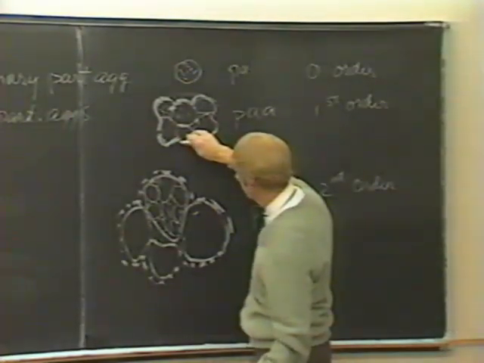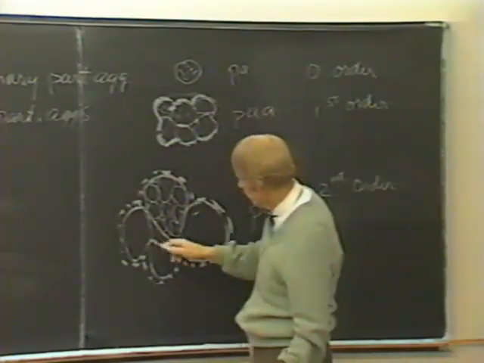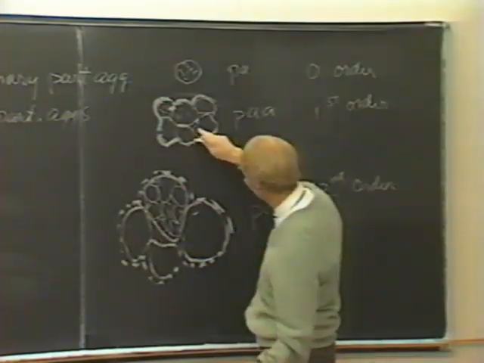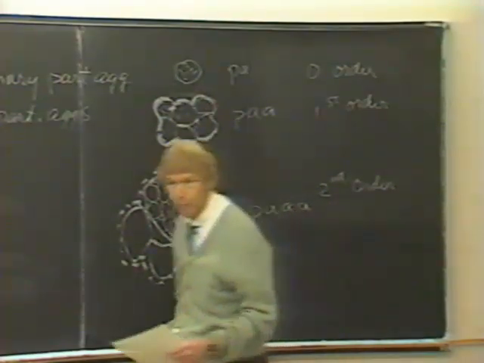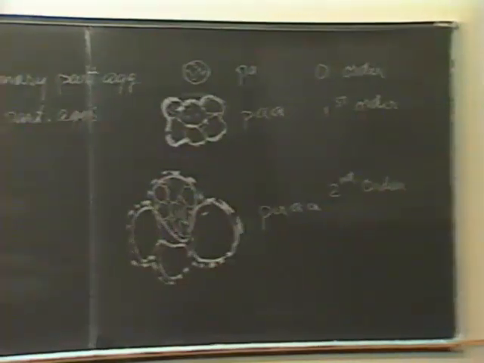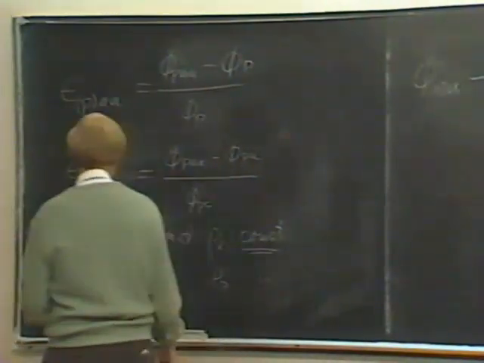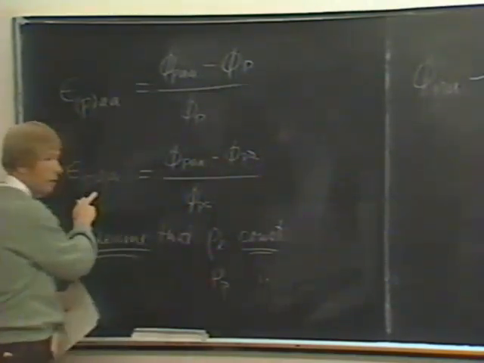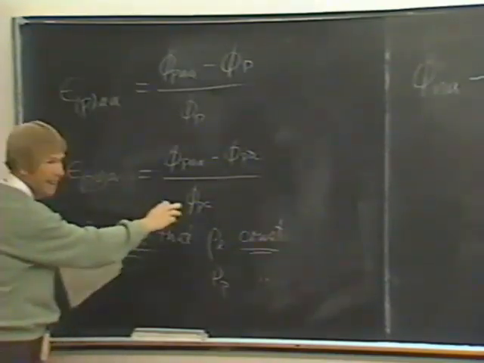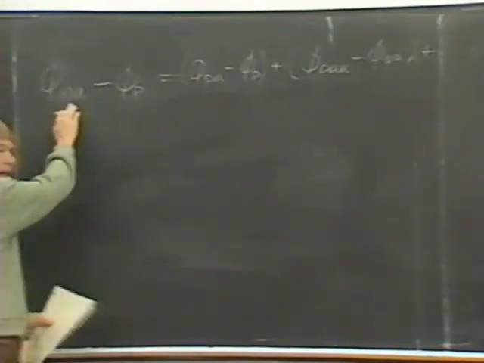Okay, so with these definitions applied to this, we can write phi NA is equal to phi PA plus the void ratio for PA times phi PA, plus the void ratio for PA times phi PA, plus and so on.